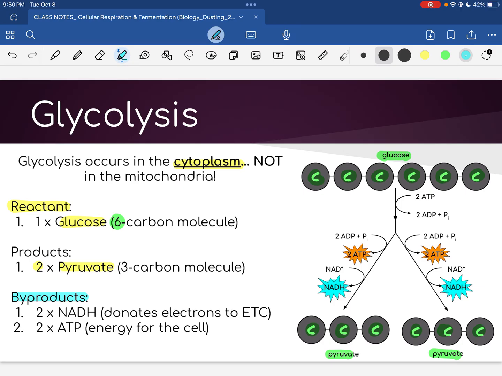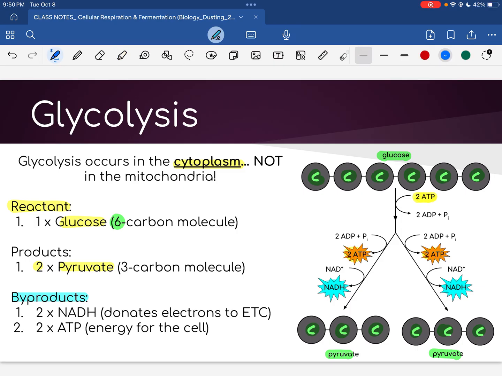Sorry, I was wondering about this. 2 ATPs are made per pyruvate, but the problem is we also have to spend ATP up here. So this process makes 4 ATP, but it uses 2 ATP.